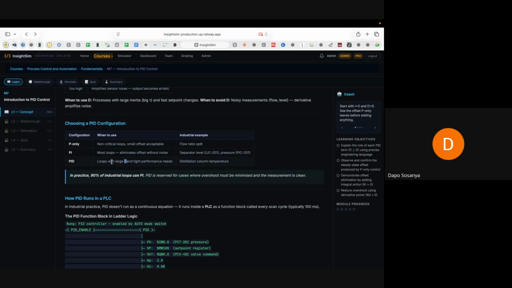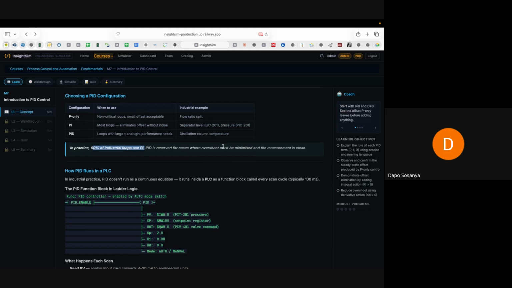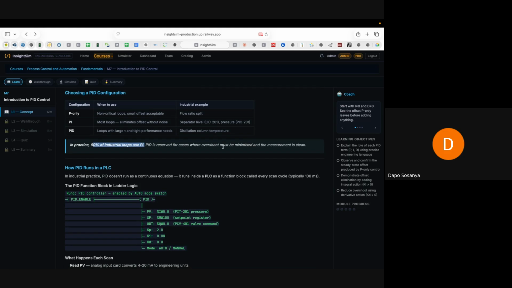Right. So, yeah. In practice, 90% of industrial loops use PI. So that's why I mentioned it is the most popular controller setup. And the full PID is reserved for cases where overshoot must be minimized and the measurement is clean.